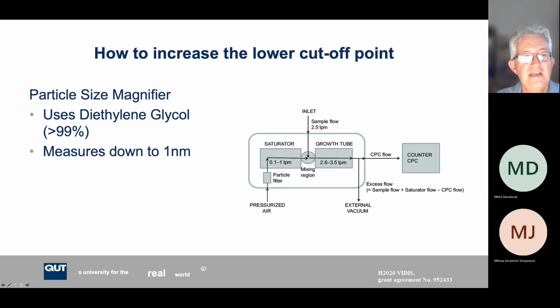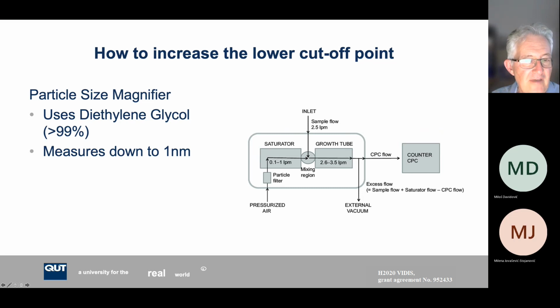So these particle size magnifiers actually magnify the size between 1 and 3 nanometers, which you would say is very small, but it's really, really important in understanding the nucleation processes. And the other way these particle size magnifiers can be used is by changing the saturation vapor pressure.